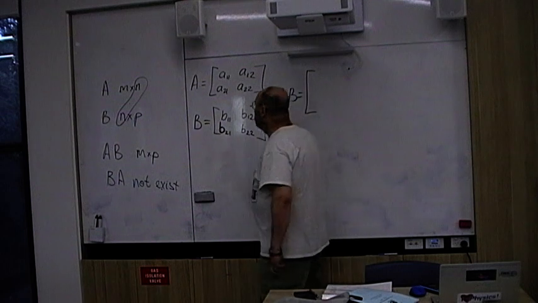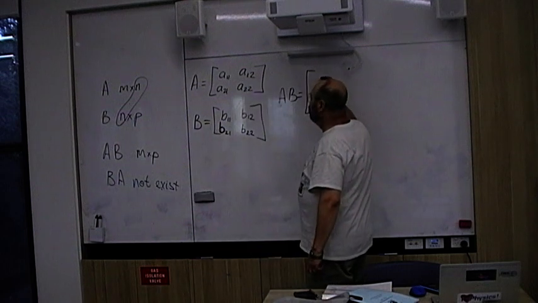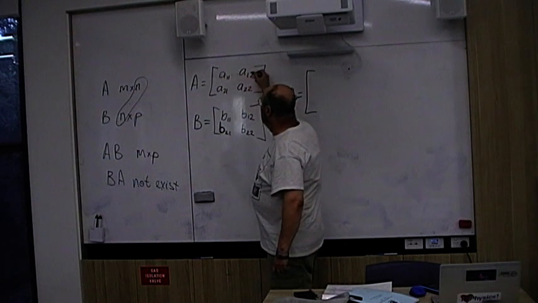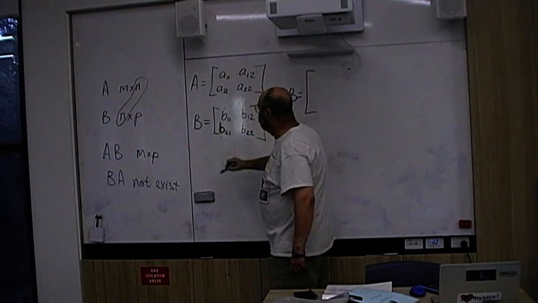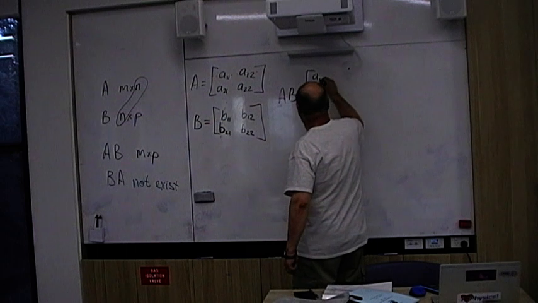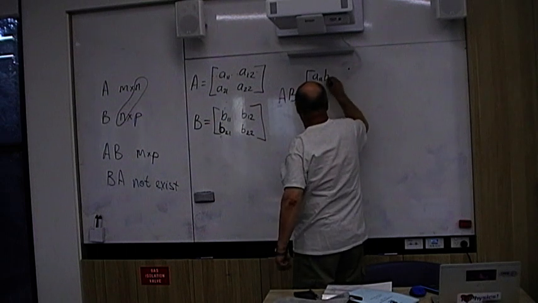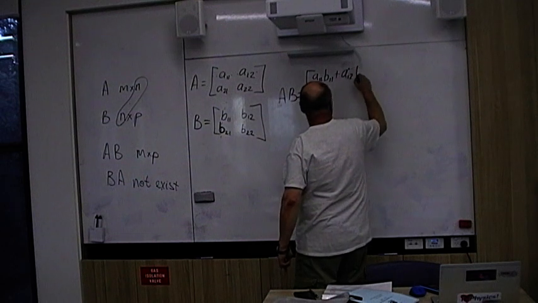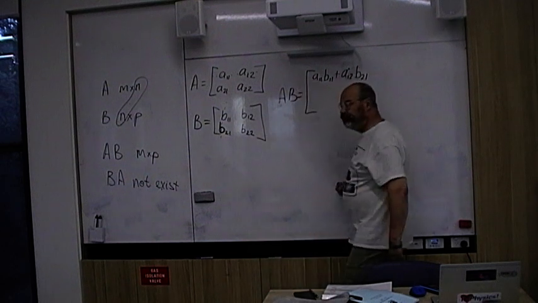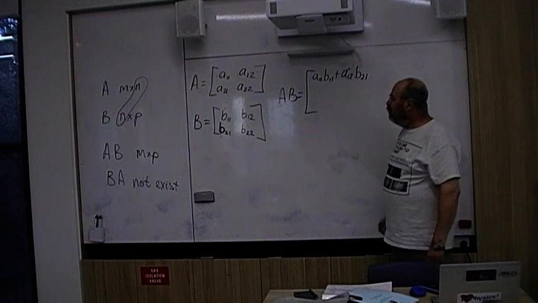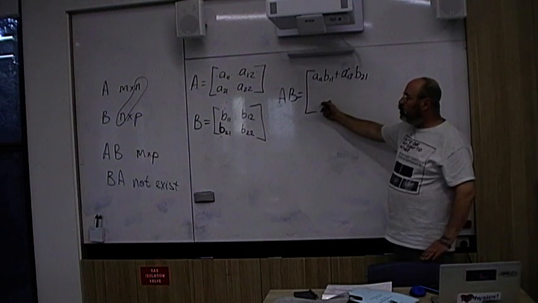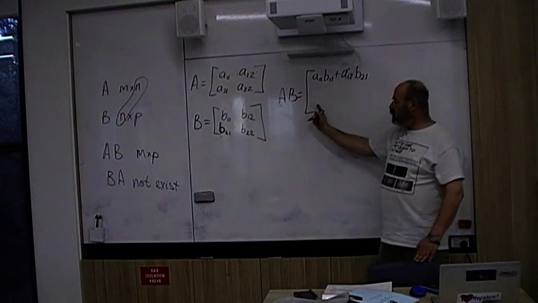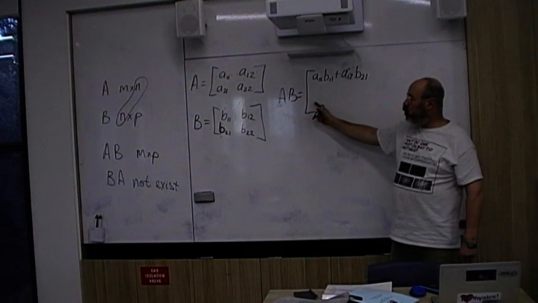How do we multiply? To get the first one, we multiply first row by first column. So we will have A11 times B11 plus A12 times B21. For the second one, we do second row by first column because this is in the second row, first column.